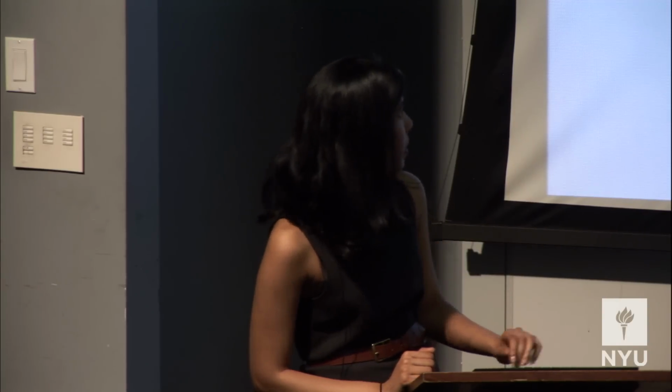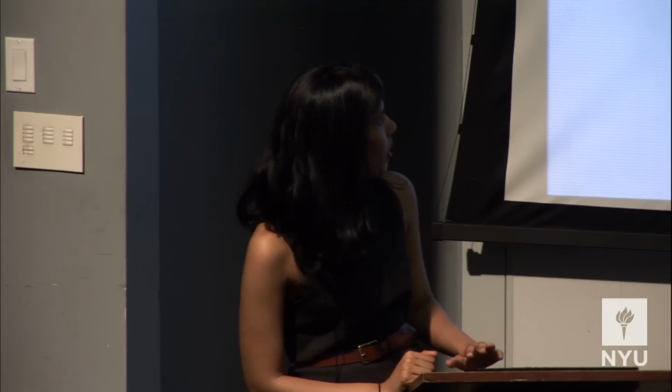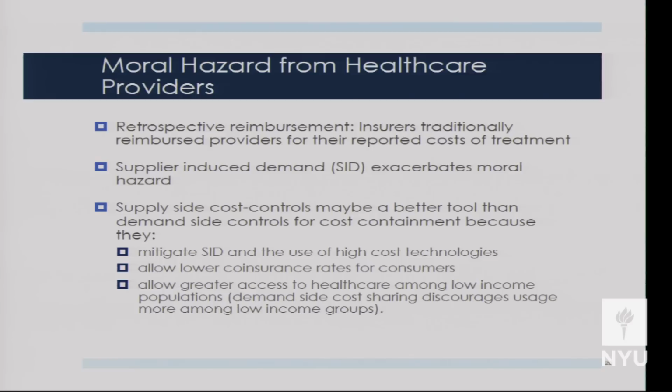And then they make a list of all the stuff they did to you, and they submit it to your insurance company, which could be a private insurance company, or it could be Medicare or Medicaid. And then your insurer says, okay, we'll pay. We're going to pay for this stuff and write you a check for the care you provided to our insured. We will compensate you, right? That's retrospective reimbursement. You do a bunch of stuff, the insurer pays.